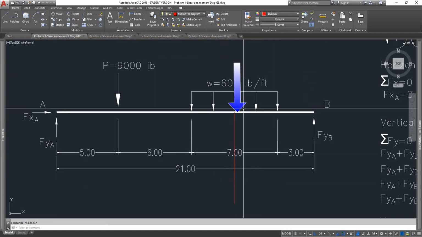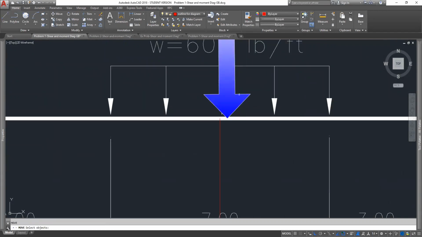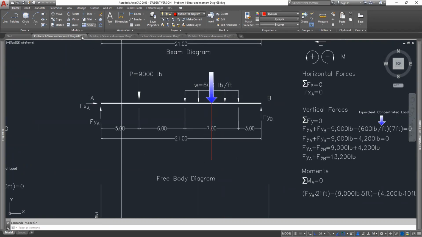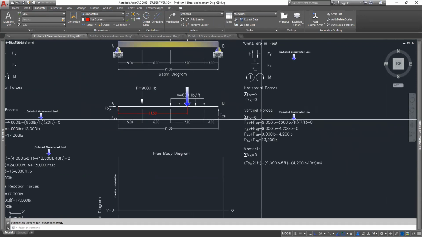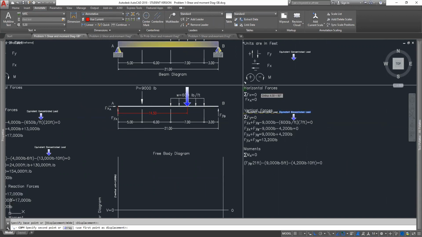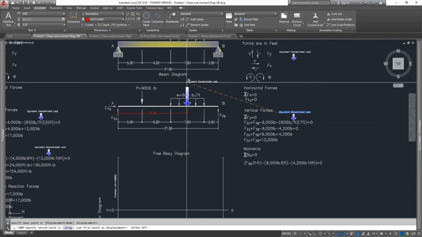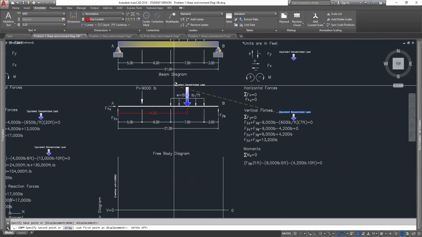All right. So I'm going to move that guy right into here. And now I'm going to go ahead and put my dimension there. So that is the location of that equivalent load. I'm just going to copy that. Located right into there.